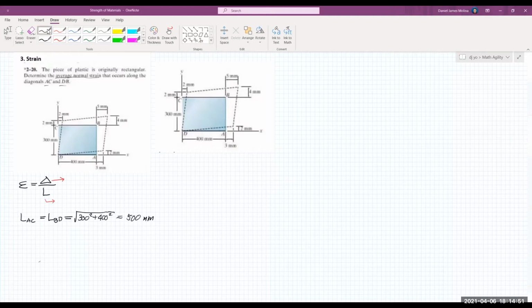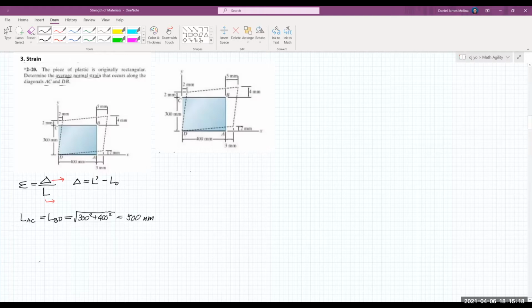Then it gets tougher since we will try to solve for the deformation of the two diagonals. For us to solve for their deformation, it's actually the deformed length minus the original length. Since we already have the original lengths, we must first solve for their deformed lengths.